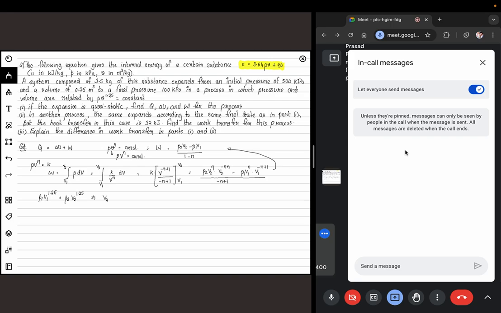From this I can calculate the final volume as P1 by P2, initial pressure by final pressure, times V1, the initial volume.